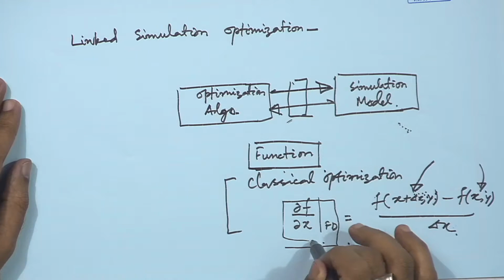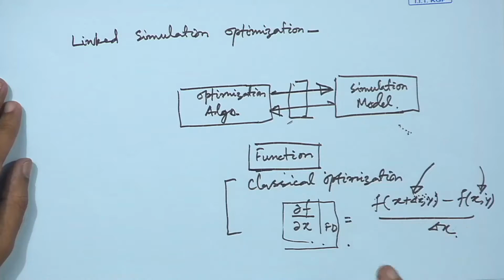So, gradient calculation is another computationally expensive step. So, what is the advantage of these soft computing techniques or evolutionary algorithms, that is GA, SA? In that one, you do not need to calculate the gradient.